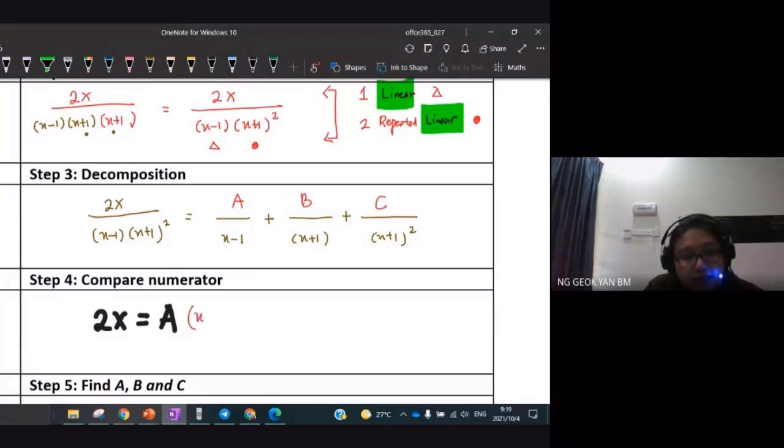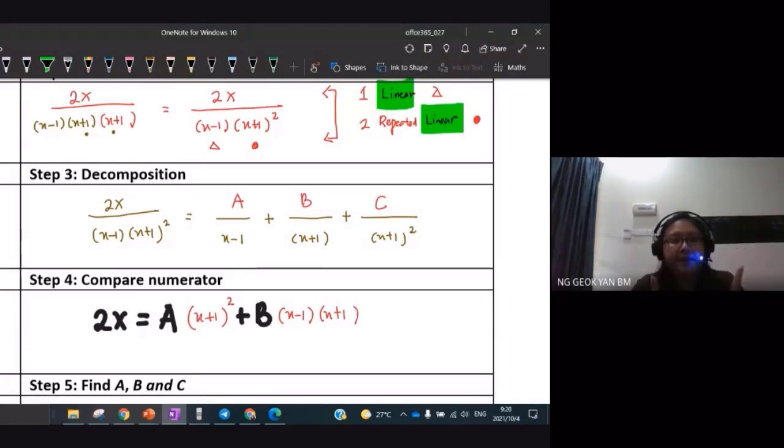So dia kena ada x plus 1 square. Plus B. So B dengan berapa orang? B dia sendiri adalah 1 juga. So dia kurang apa? Dia kurang x minus 1 and x plus 1.